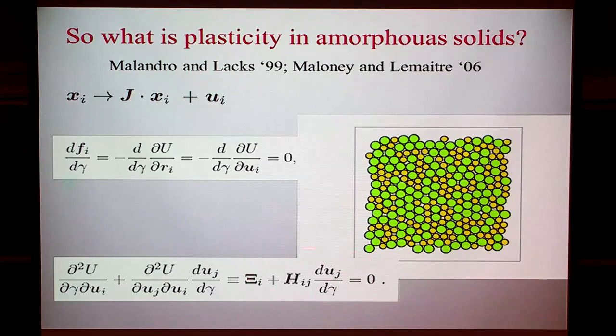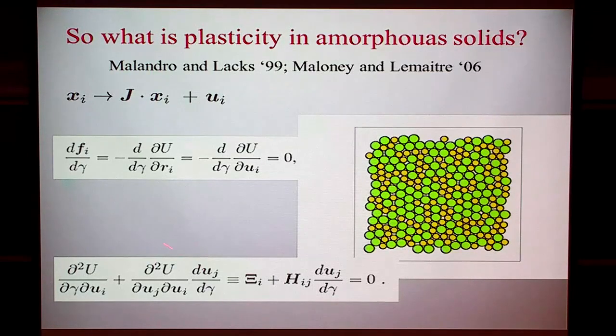So what I want to do now is to invert this equation to get a formula for duj/dgamma, and that will of course involve the inverse of Hij. So duj/dgamma is going to be the inverse of Hij on psi i. Now, can I do this inversion? That depends. The inversion is okay as long as the matrix H has only positive eigenvalues.